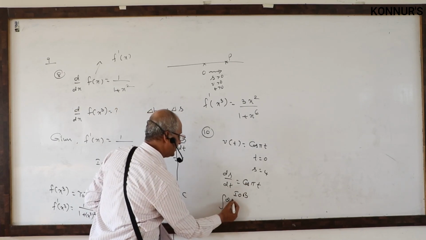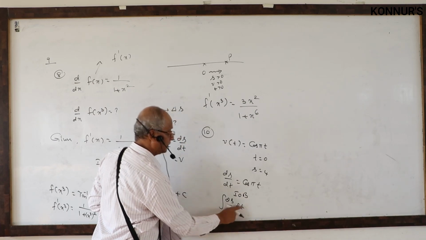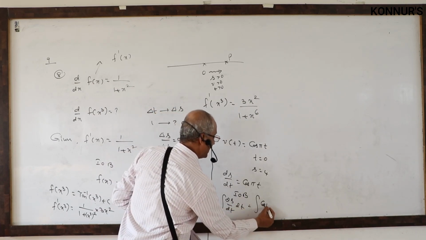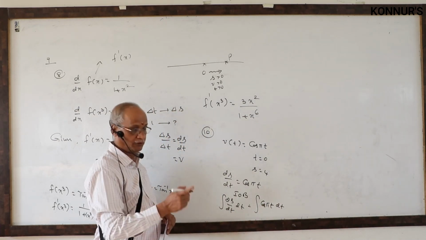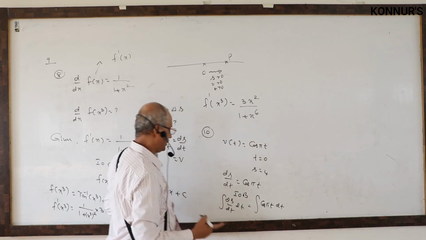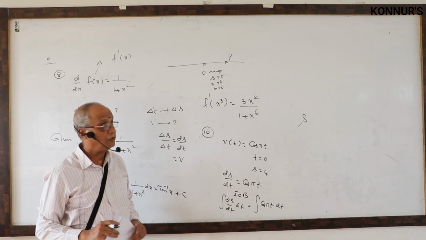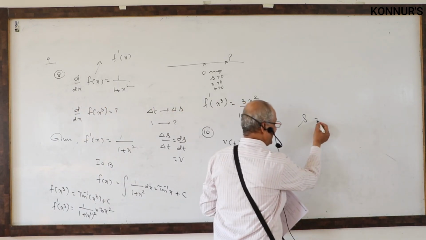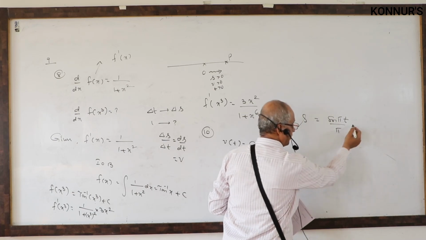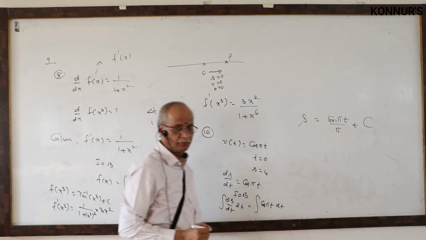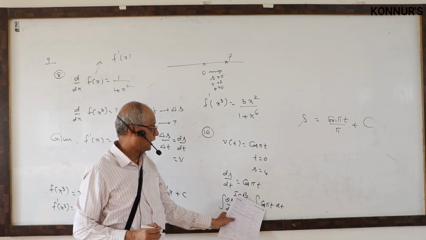Integral of ds by dt with respect to time is equal to integral of cos pi t with respect to time. What does this integral become? It is equal to sin pi t by pi plus some constant, because it is an indefinite integral. Cos ax integration is sin ax by a.